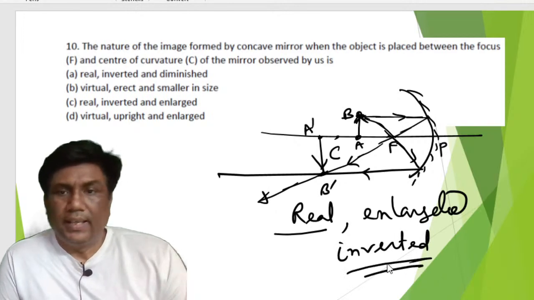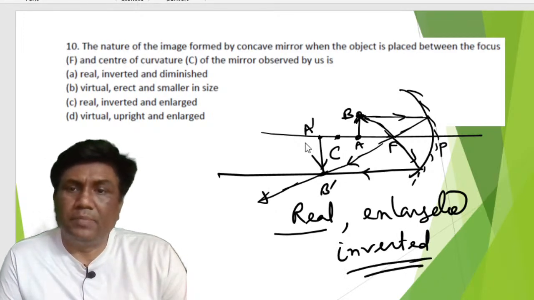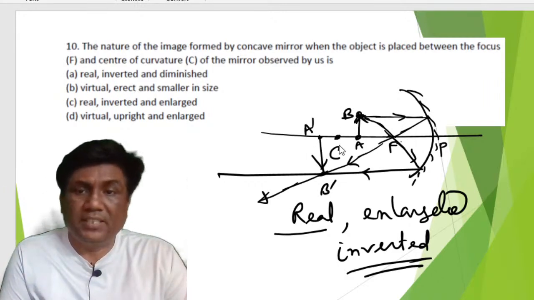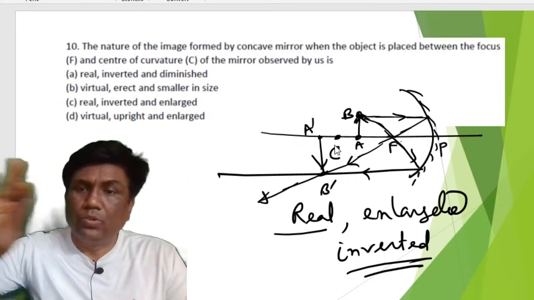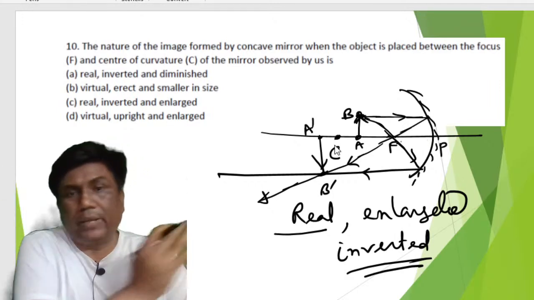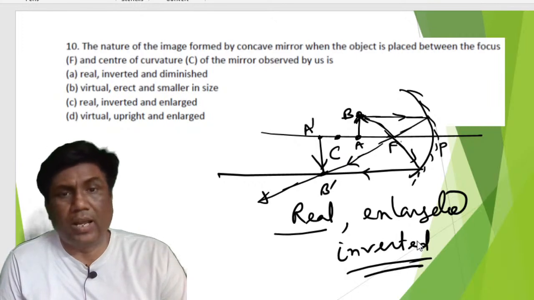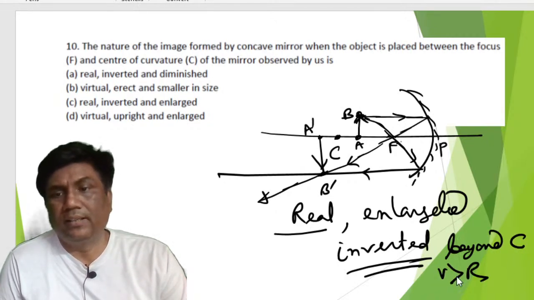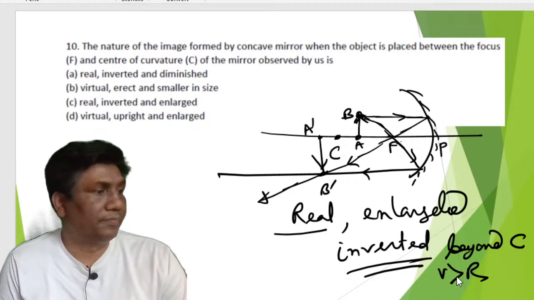Well, and beyond C, okay, beyond C. If the object is between C and F, the image will be formed beyond C, because when the object is at C, the image is formed at C. When the object goes close to the mirror, the image goes away from the mirror, okay, that is the thing we should learn also. So it is beyond C, okay. It means you can say that the image distance is greater than the radius of curvature.